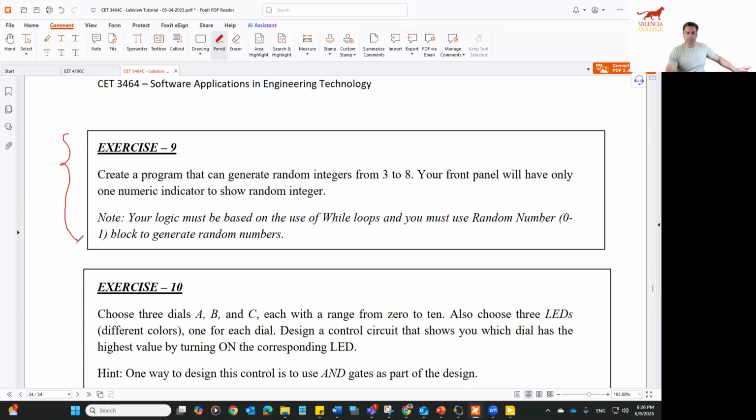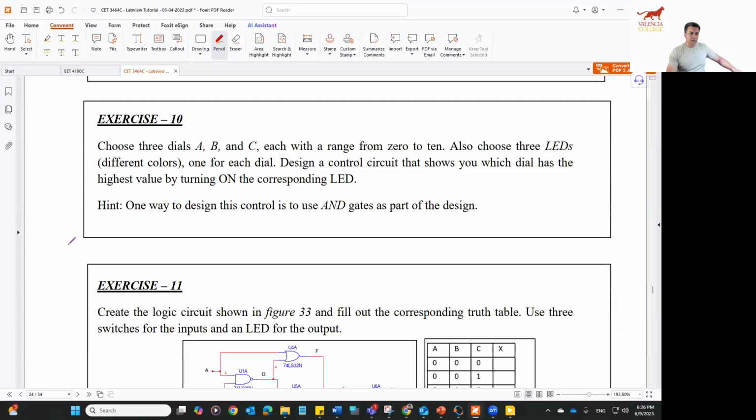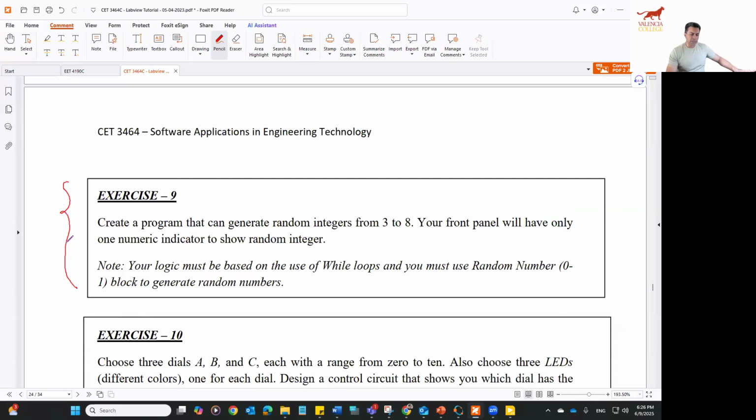The other exercises are not going to run. So my advice is you can do exercises 7, 8, 10, and 11 in one VI, and exercise 9, just make it a separate exercise. So in case exercise 9 is hanging up or something, then at least the other exercises are working properly, although I hope exercise 9 will work as well. But do this separately.